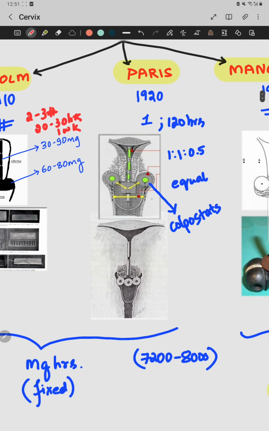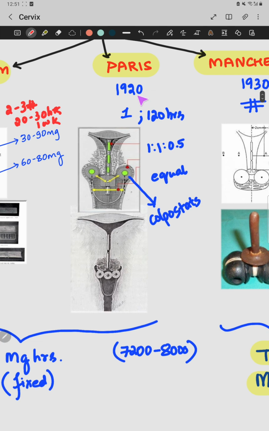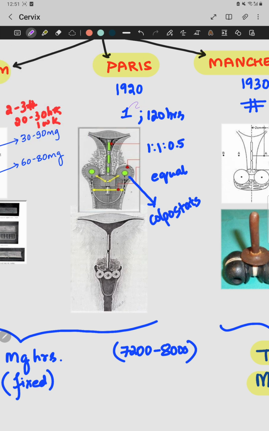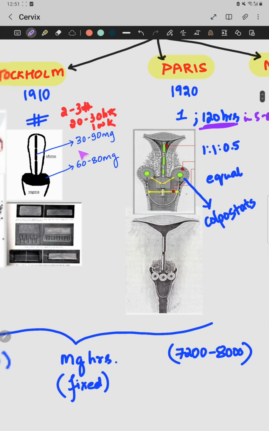Now next, coming to the Paris system, this was introduced in the 1920s, where it was a single application treatment, and here it used to be 120 hours of treatment in 5 to 8 days. Now what you could see here is that in the Stockholm system, the doses were unequal, right?